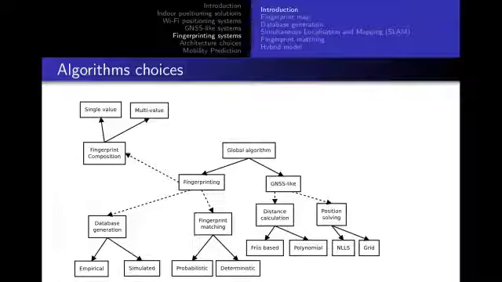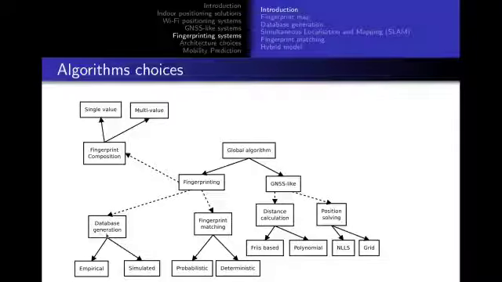So first you have to choose your global algorithm, which can be GNSS-like with all of the properties we already saw in the previous video, or fingerprinting here with three main properties: the fingerprint composition, the database generation, and the fingerprint matching. So we'll see that in detail, but fingerprint composition can be with single values or multi-values, which can be aggregated in various ways.